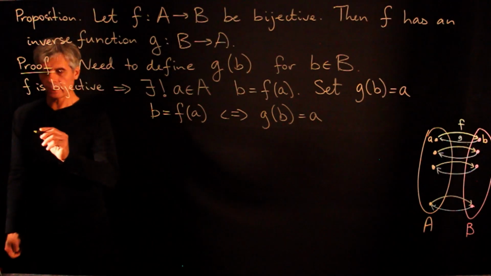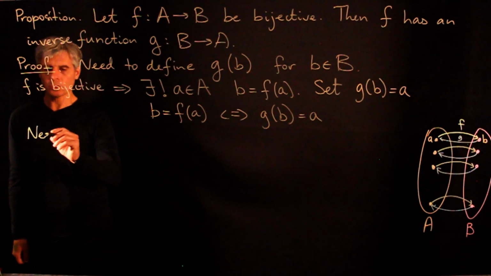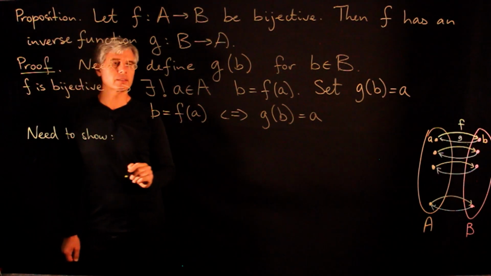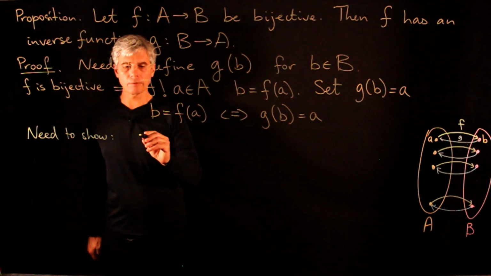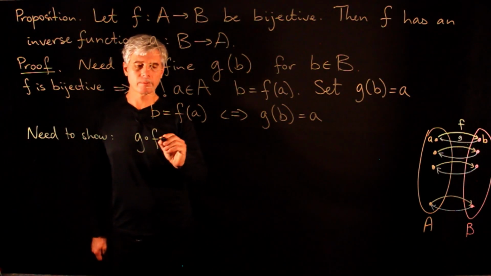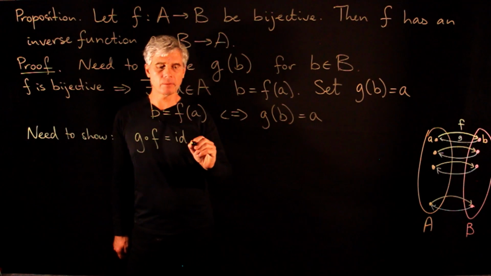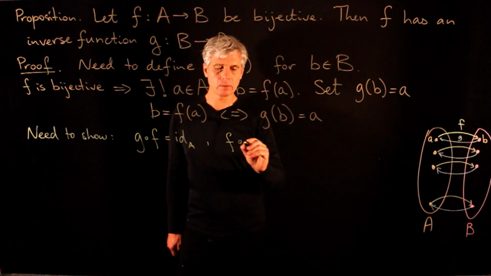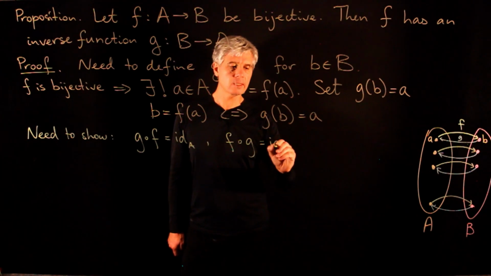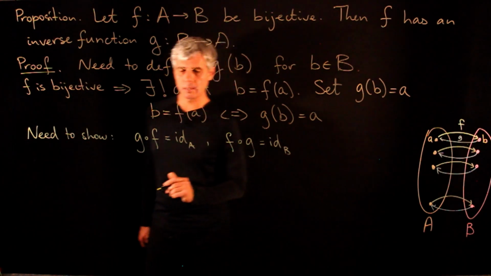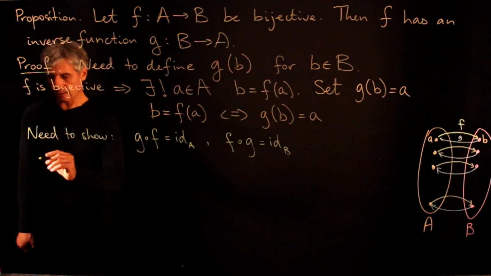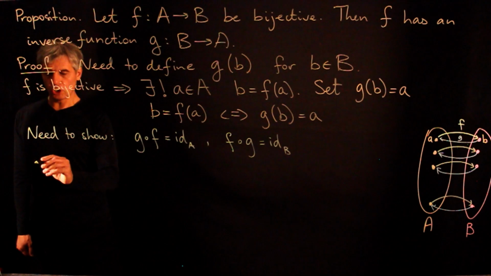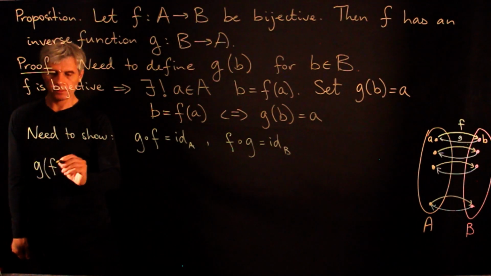Now, what do we need to show? We need to show that the composition of g with f is identity on the set A, and the composition of f with g is identity on the set B. Let's consider g of f of a.